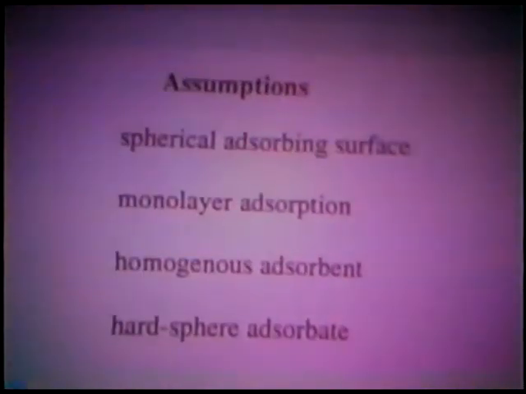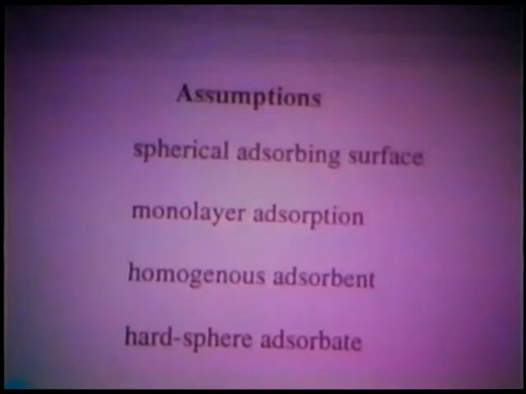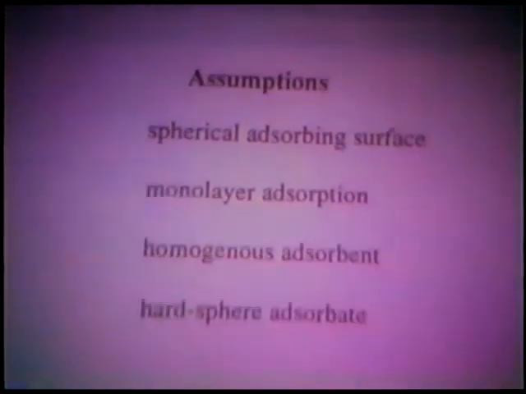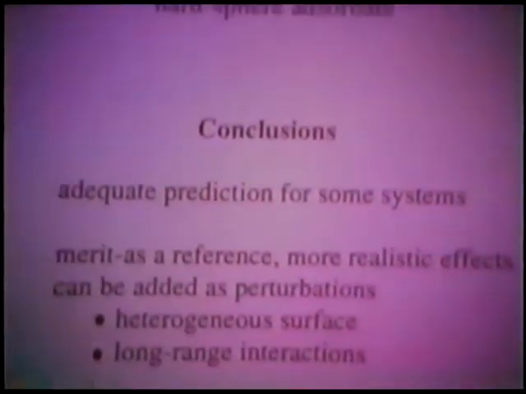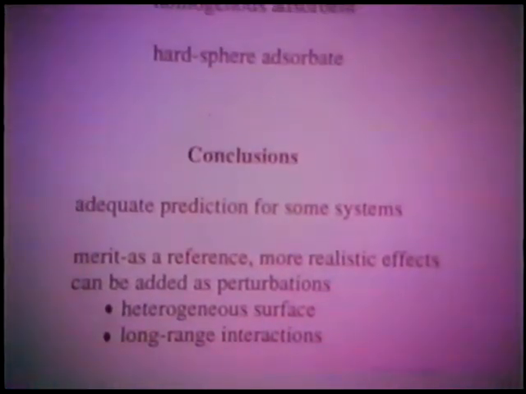Now, I'd like to say that we tested a bunch of systems, and I showed the best results here. There are a number of systems that don't give such good results, and the model has to be extended.